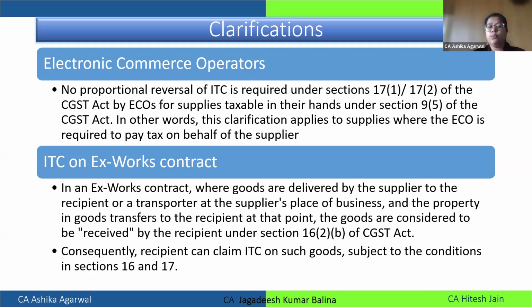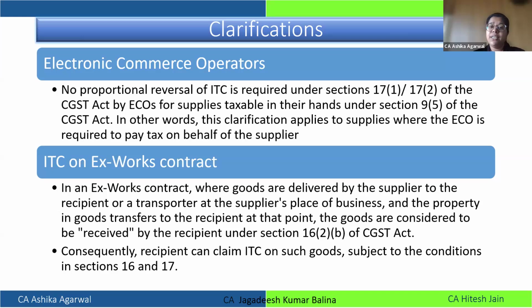Now the doubt which was raised: the e-commerce operator is made liable to collect and pay the tax, but it is not the supply of the e-commerce operator. Now, if we go to section 17, it deals with when a supplier is engaged in providing both taxable and exempt supply.